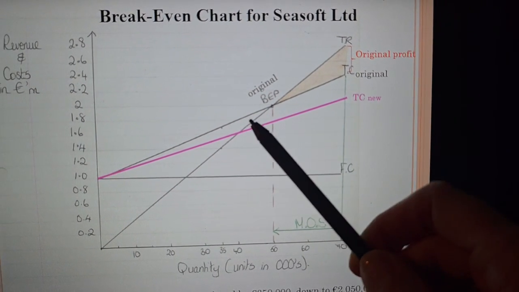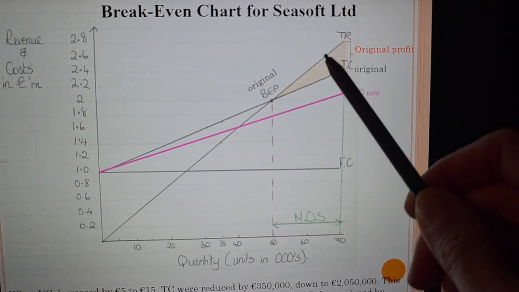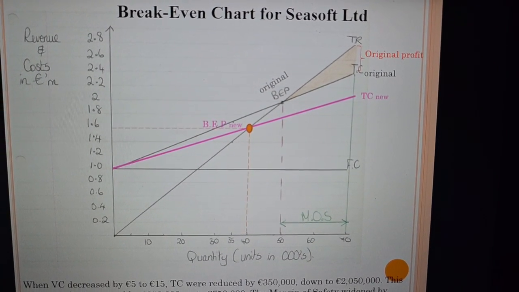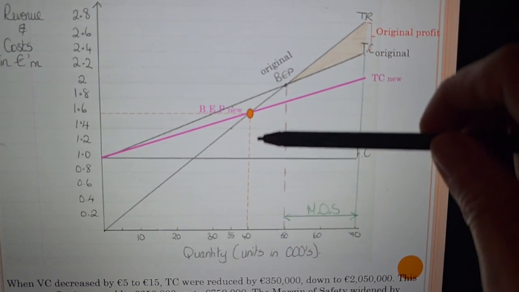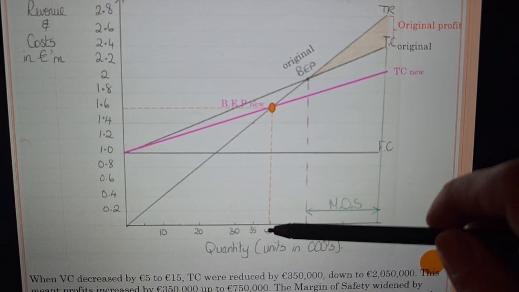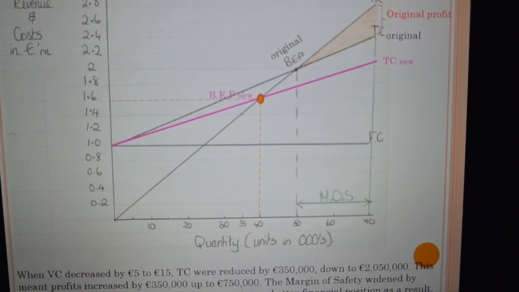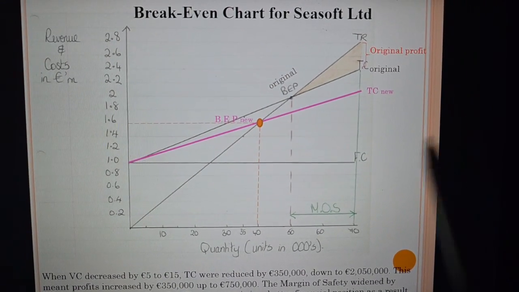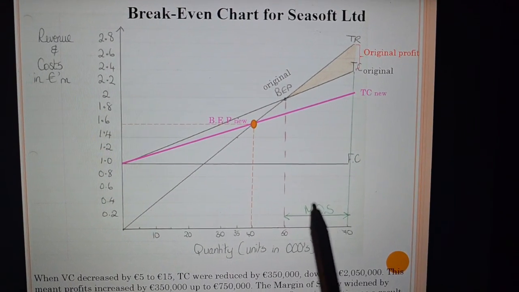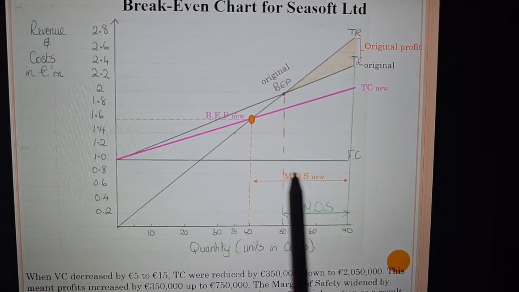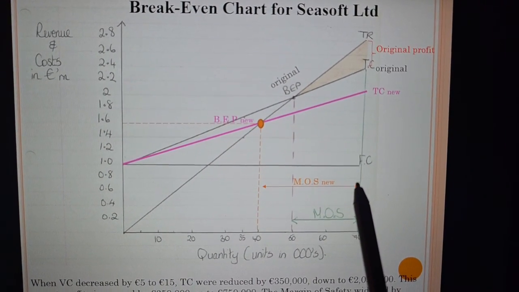Where my new total costs intersects with my total revenue, which is at that point right there, that's my new break-even point. And if I drop down a vertical line, it looks like it's 40,000 units, and that's what we had said the calculation was. So that corresponds to my calculation. That was the old margin of safety, but my new margin of safety is now going to be between my new break-even point and my forecast output.